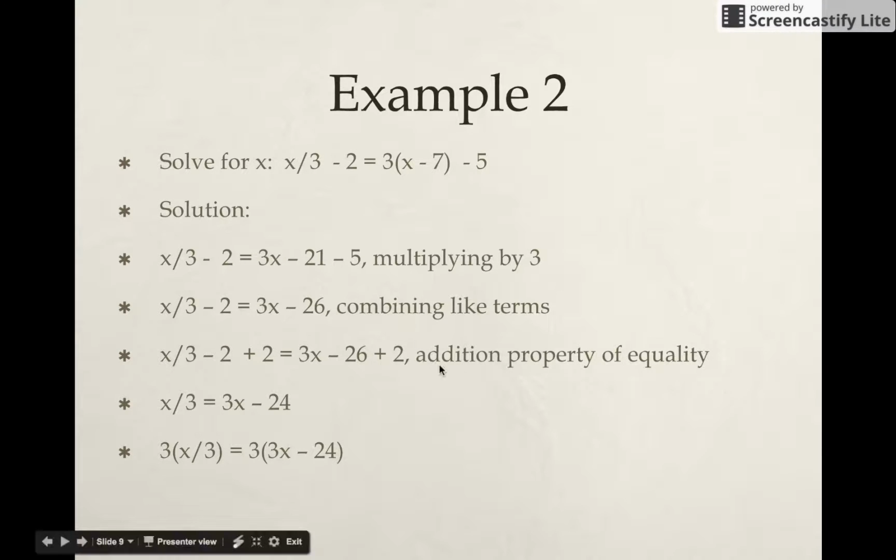From there, we use the addition property of equality and add 2 on the left-hand side and on the right-hand side. Note again here that the addition of 2 is making 0. There's a sum of 0 here. That leaves us with x over 3, or x divided by 3 on the left-hand side, and 3x minus 24 on the right-hand side.